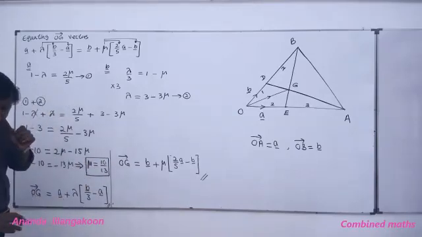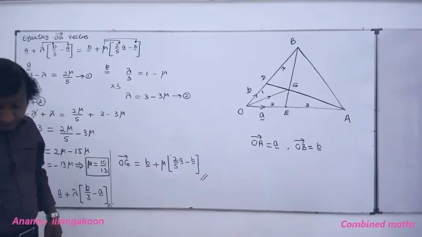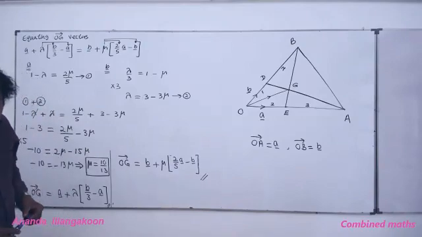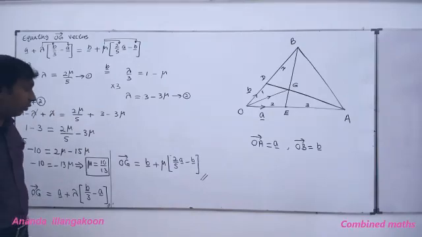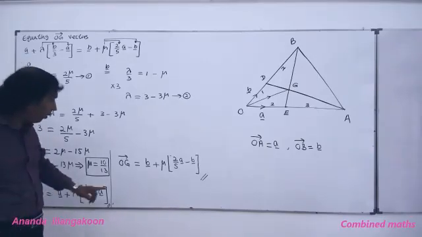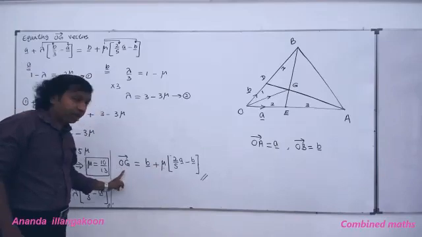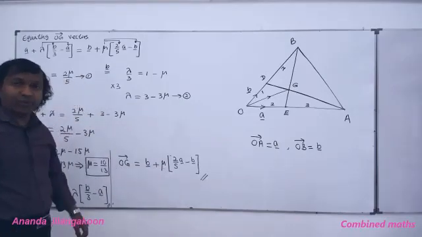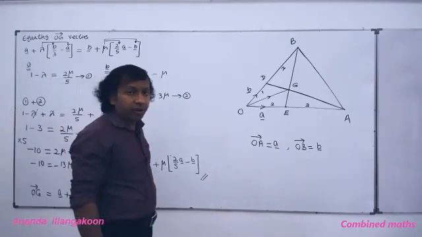Here, I am not going to find lambda, because in the question nowhere is it given that lambda and mu should be determined. We are given to find this OG vector. To find this OG vector, only one unknown, either lambda or mu, is enough. Since we have found that mu value, we can find the OG vector. Understand? So therefore, I am not going to find lambda.